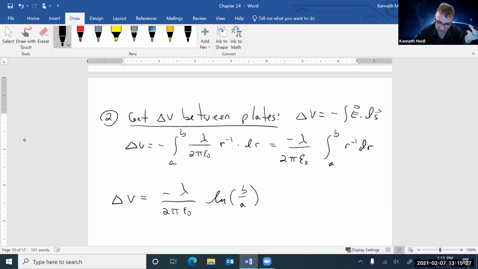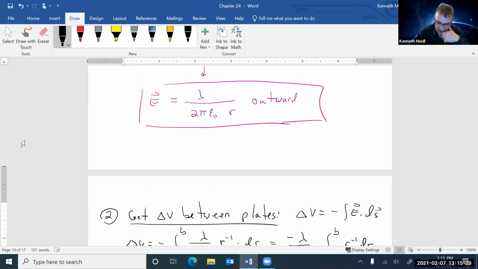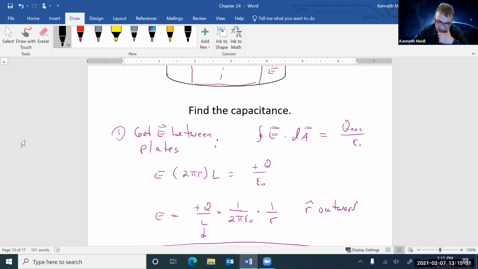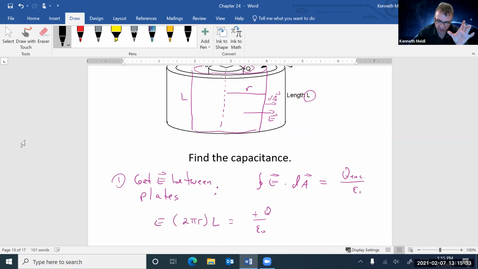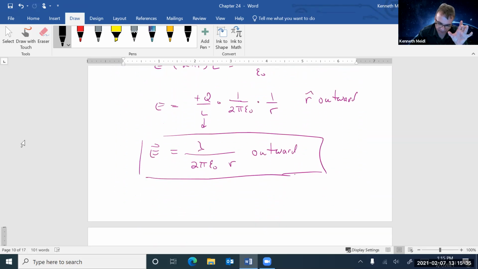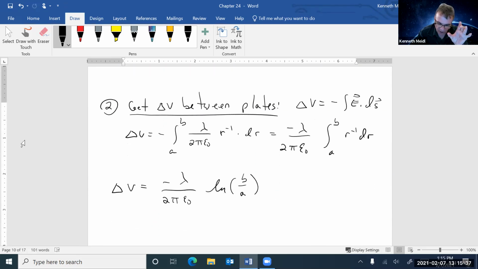What you might want to do is just kind of take a quick look here that b is the bigger radius. So it's a bigger number here, right? And so if b is a bigger number and you divide it by a, that comes out to be something bigger than 1, right? So if you take the natural log of anything bigger than 1, that turns out to be positive, right?